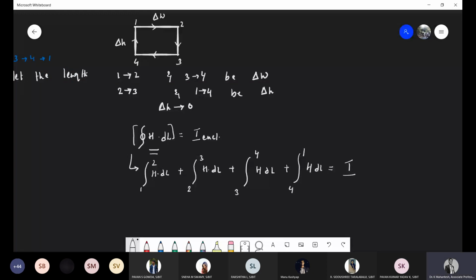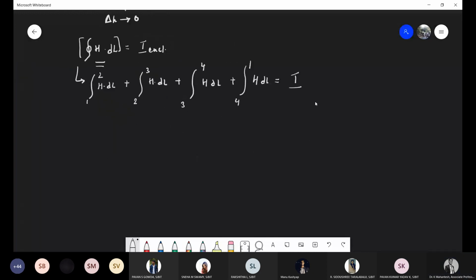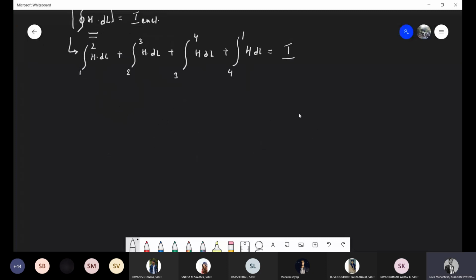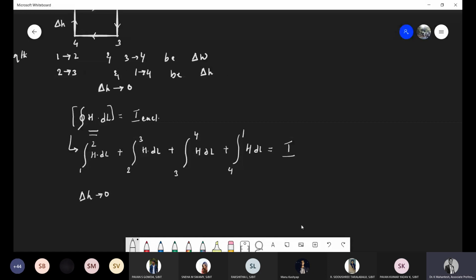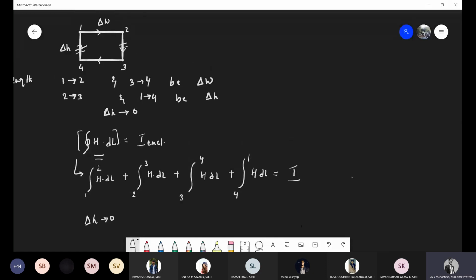As delta H tends to 0, what does that mean? The paths associated with 1 to 4 and 2 to 3 are equal to 0, because there is no length at all here.